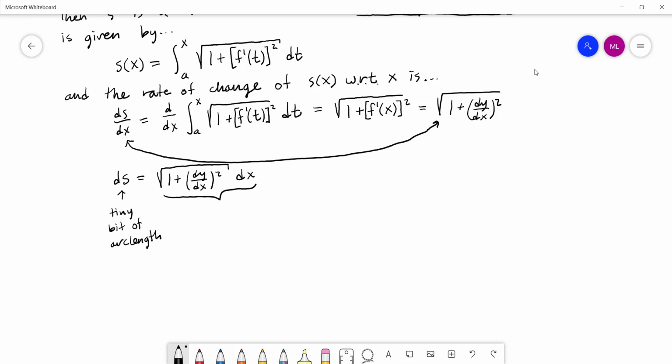How does that tiny bit of arc length compare to basically this function that we've got, and it's being multiplied by a tiny bit of the length x. So this is meant to be a times. We'll write it really bold so it looks like, that's meant to be a multiplication symbol. Tiny bit of regular length in the x direction.